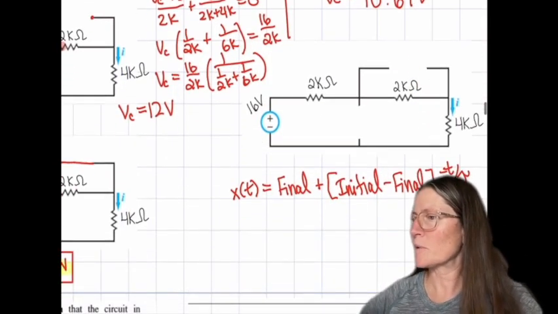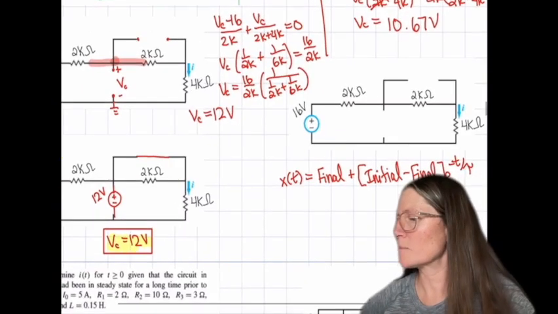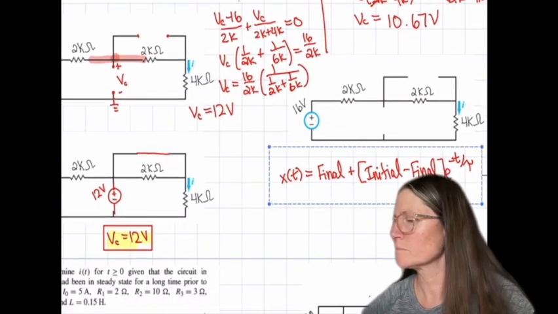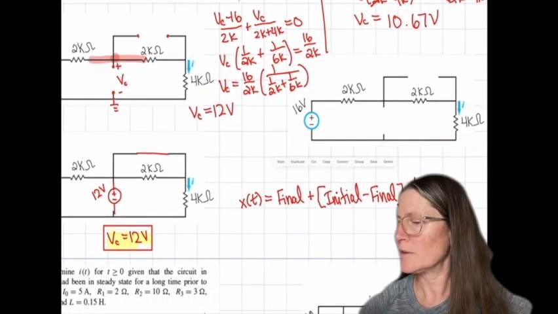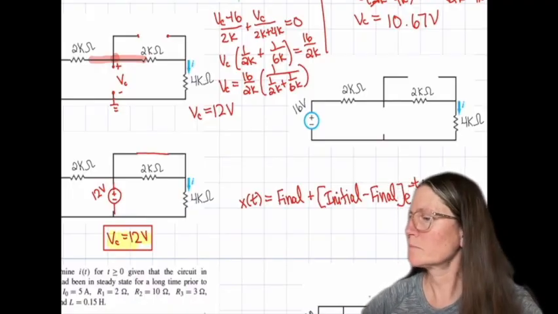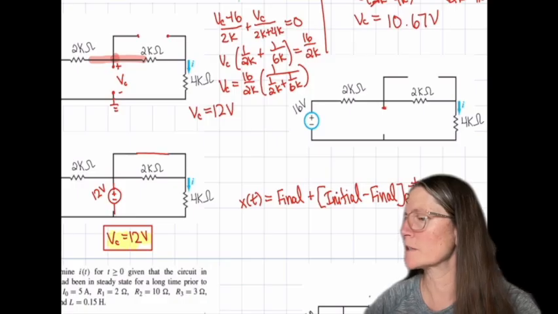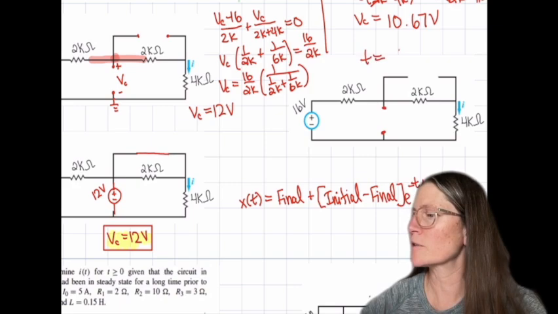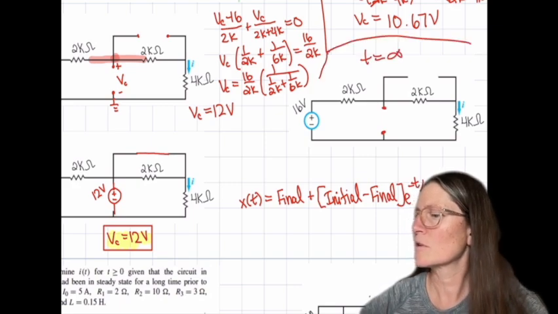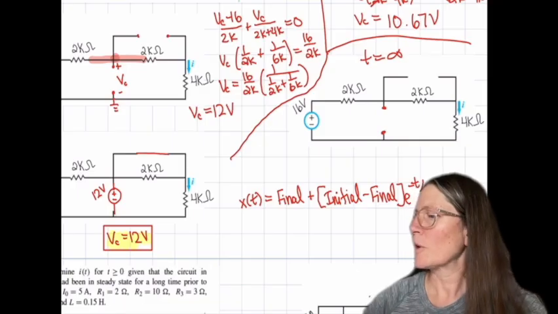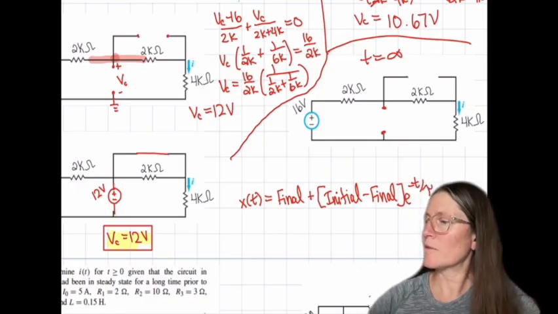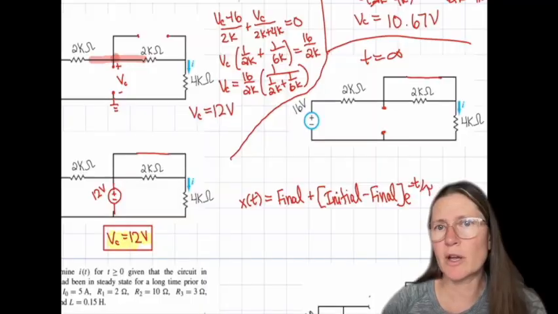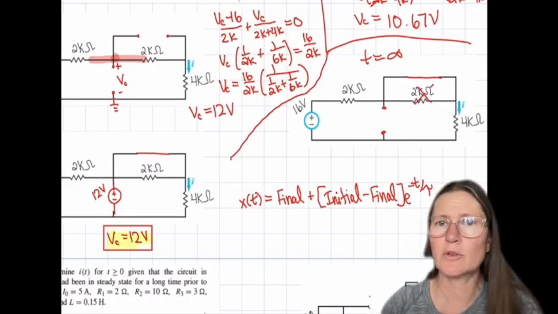So the last step is to find tau. And so to find tau, we take out the element, and we do it at that final stage. So the final stage is going to have this as a wire, which means this is still going to be ignored.